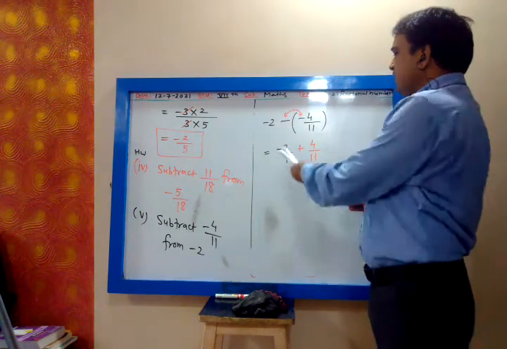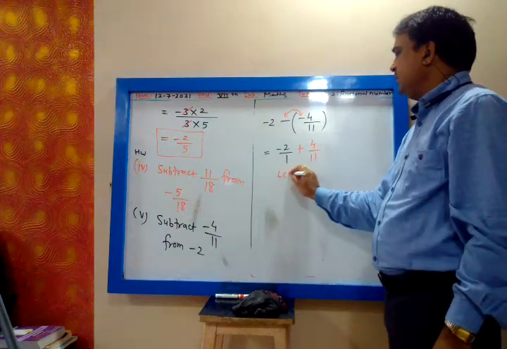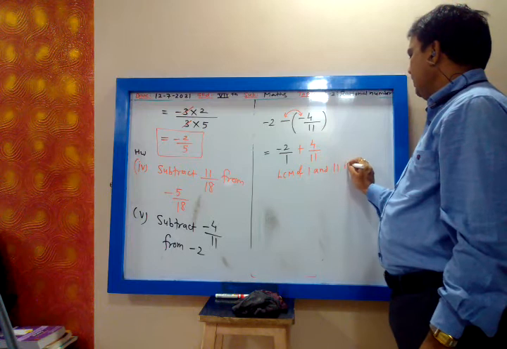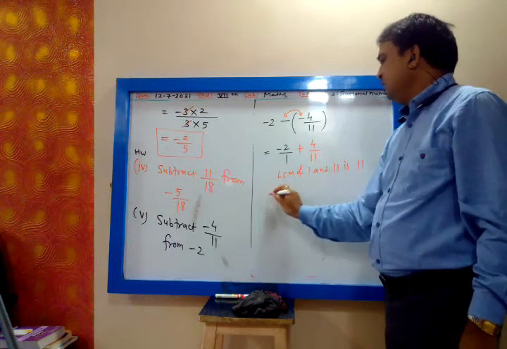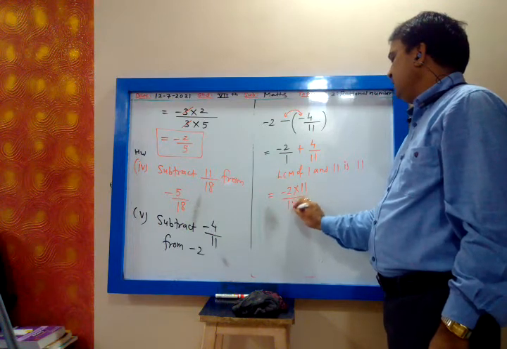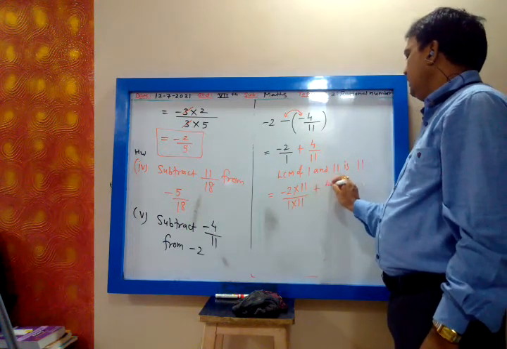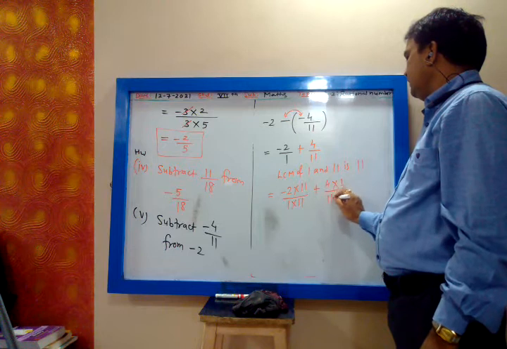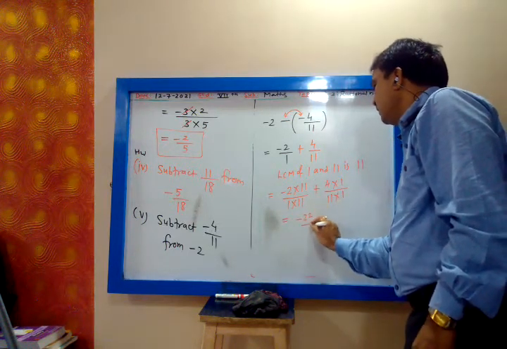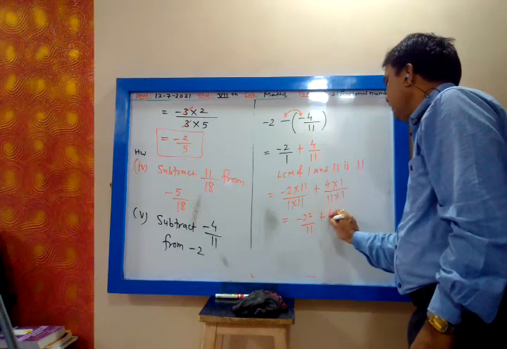Now the denominators are not equal, so you will take LCM of denominator. LCM of 1 and 11 is 11. And make denominator equal. So minus 2 into 11 upon 1 into 11 plus 4 into 1 upon 11 into 1. So this is minus 22 upon 11 plus 4 upon 11.